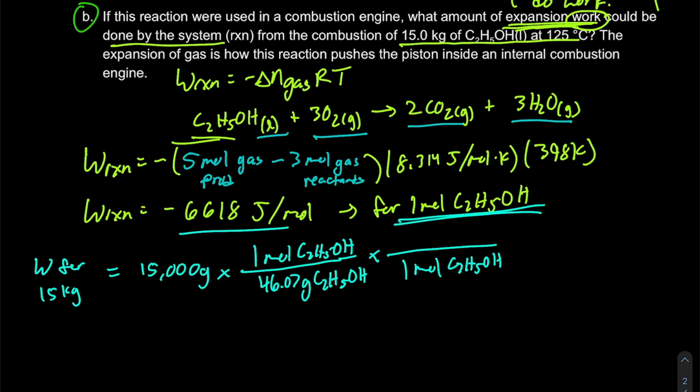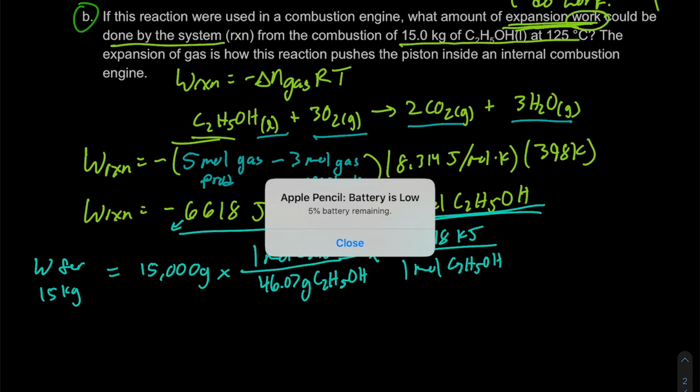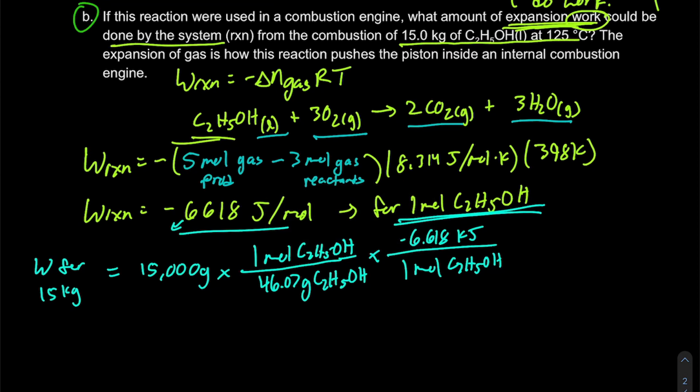We could also convert that to kilojoules, which would be negative 6.618 kilojoules per mole. The reason we would want to do that is that we're going to be able to compare it to our work for the delta G. And so we would get a value of negative 2,155 kilojoules of work done by the reaction by expansion.